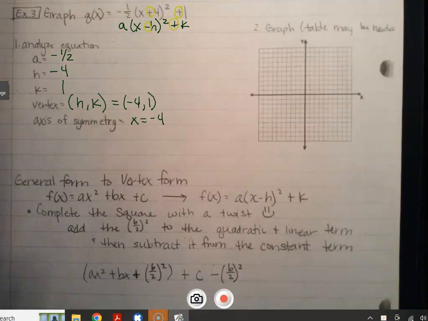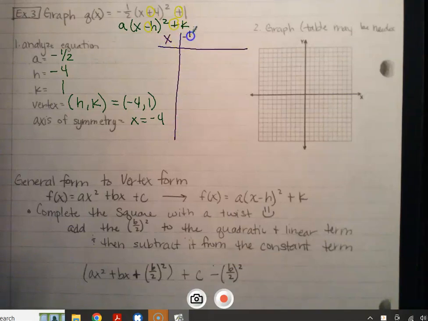So let's see, we've got 1/2 as our denominator. So let's use -4 because then it'll cancel. All right. So we're going to do an x value.